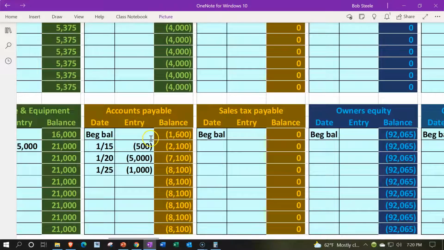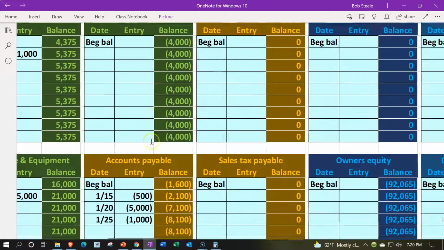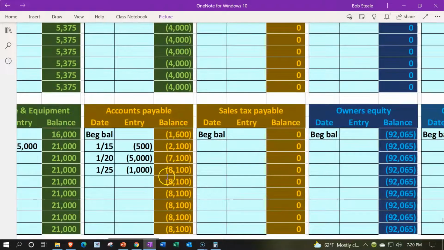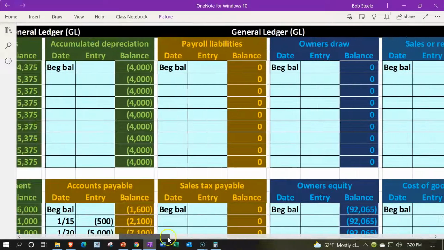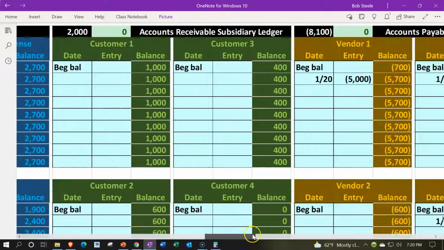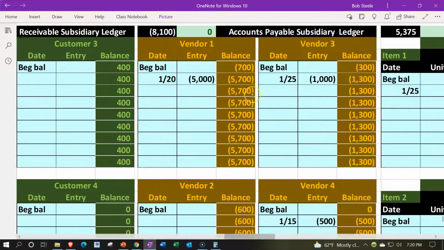And then you're going to say, that's interesting, but I want to see it sorted a different way. Is there some other report, which would be like a subsidiary report, which would give me the same balance, but tell me who I owe the money to? That would be the AP aging report, or the vendor balance detail report, looking something like this. And then you'd go to that information, and so on.